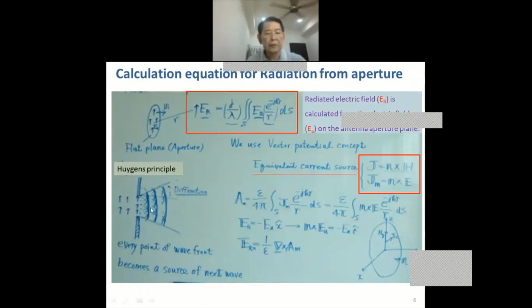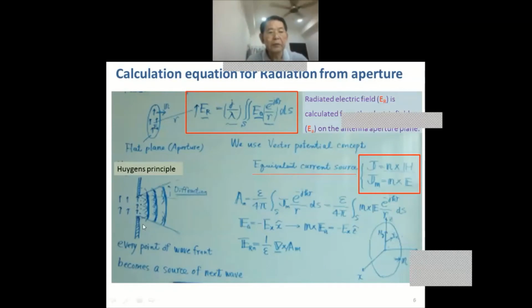To understand what is radiation from this opening place, this can be explained by this geometrical concept.